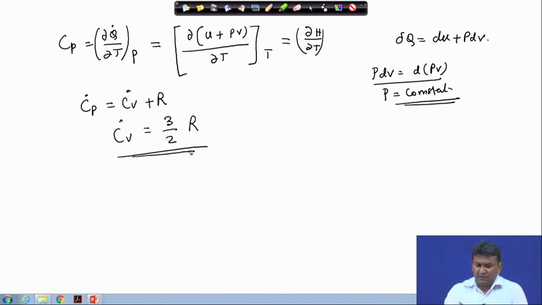So, you can get this Cv as 3 by 2 R from the kinetic theory of gases.